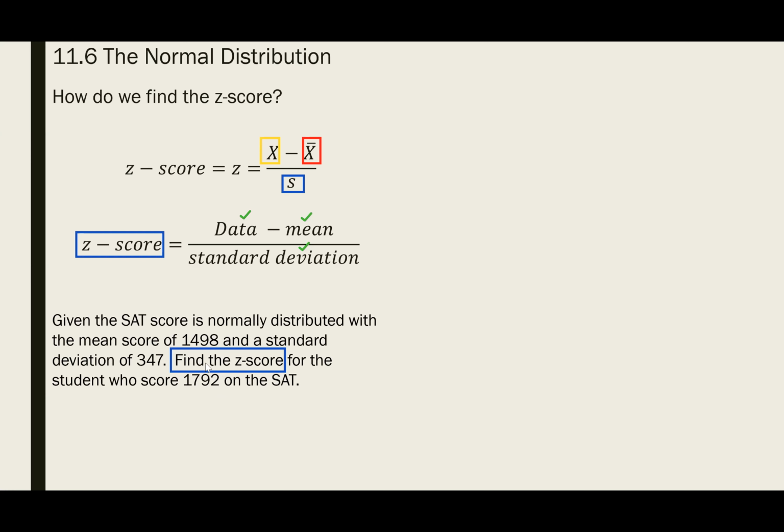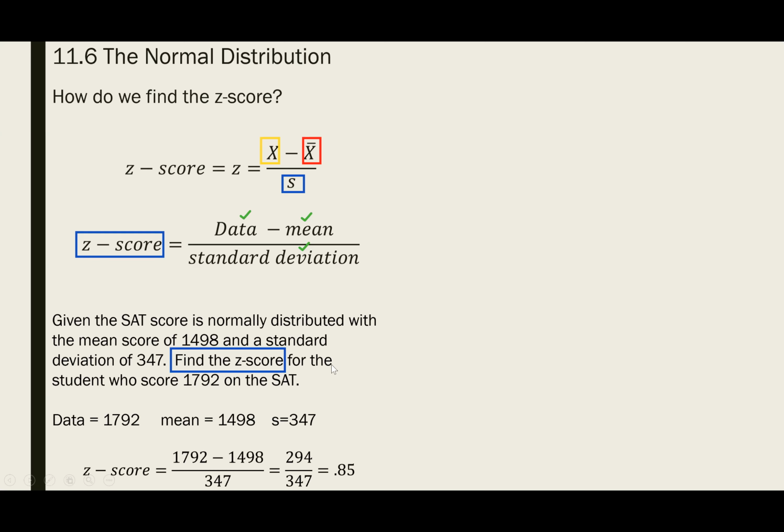Looking at this, do you agree that they give us the data, which is the score for that particular student? That is your actual data. They give us the mean, 1498, and they give us the standard deviation, 347. So they give us everything we needed.